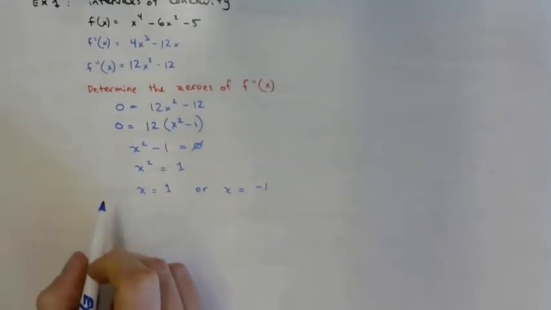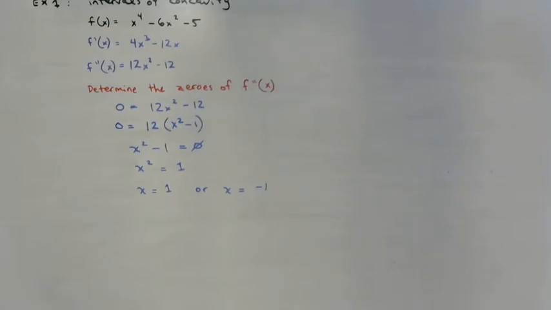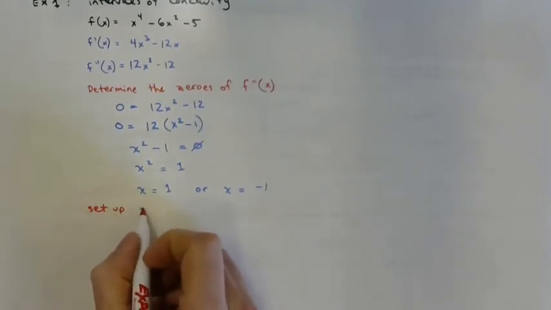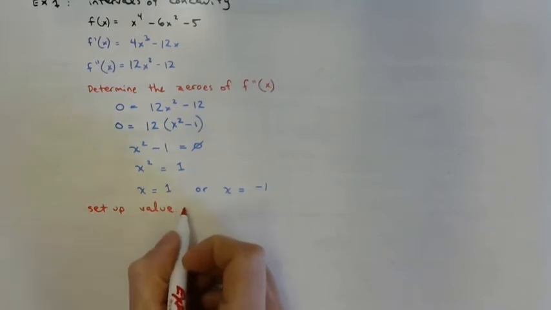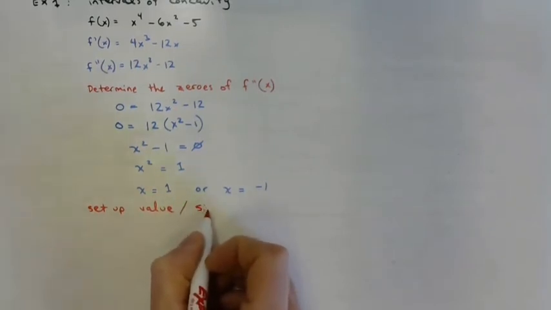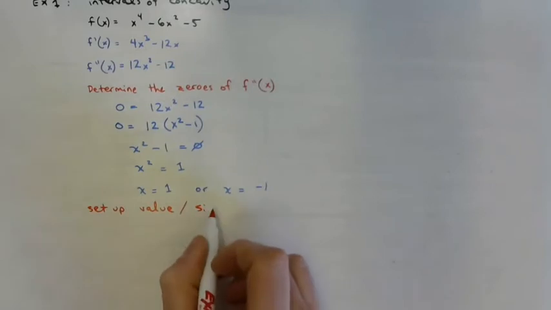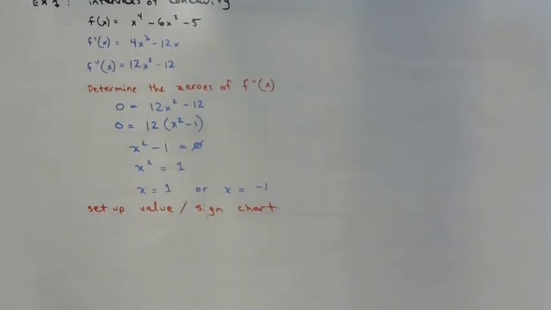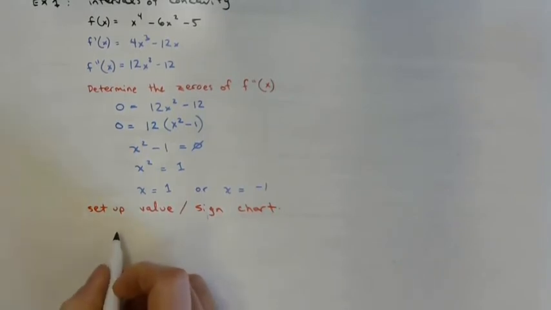So in order to do that, we're going to set up a test value sign chart again. It's going to look like this.